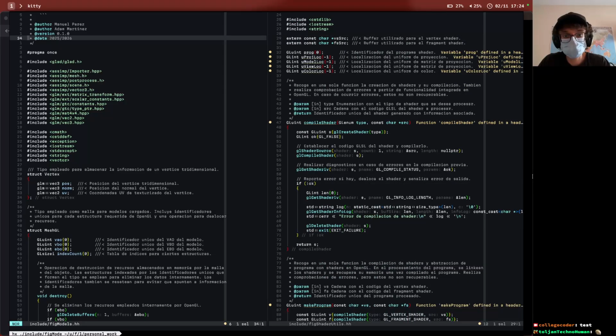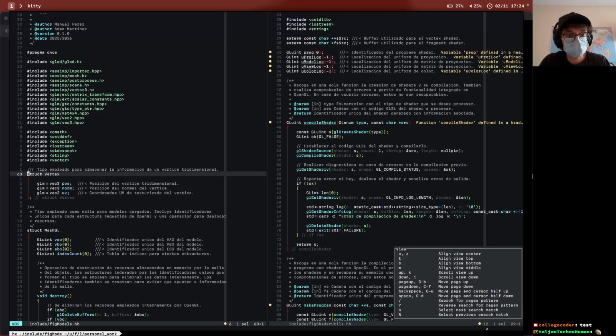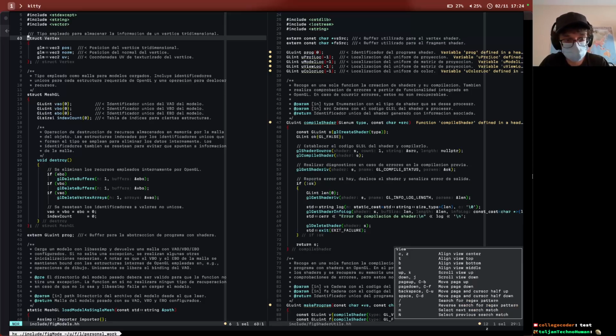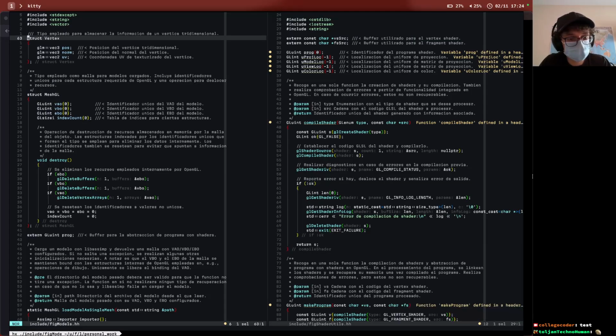We've got the extern there, which is for that one. And of course, libraries that I documented and the teachers did not bother documenting at all.